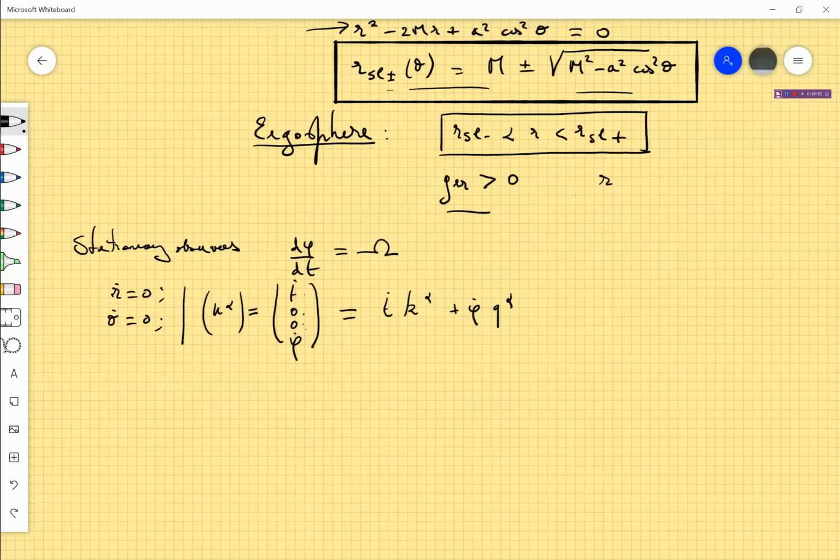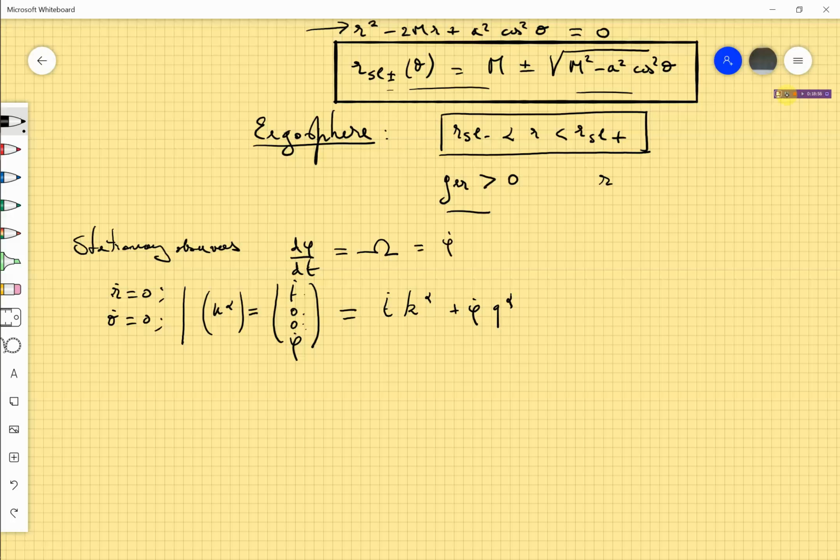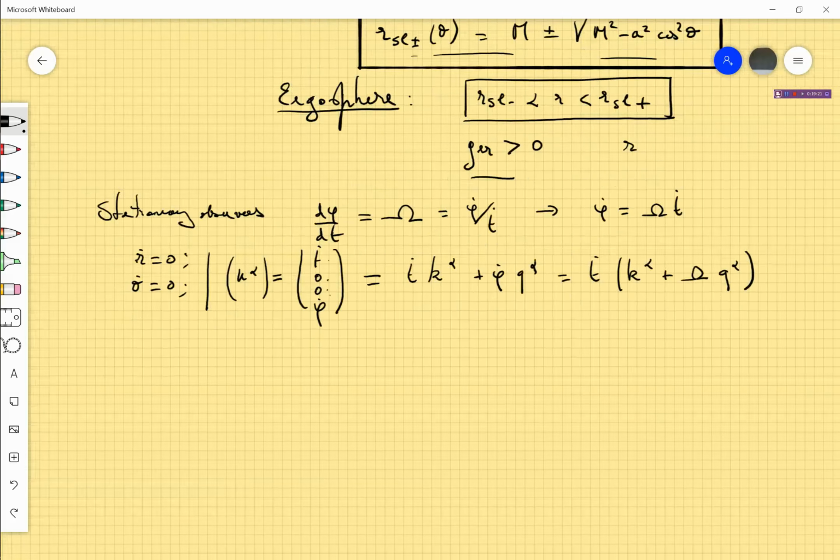Now remember that d phi dt can be written as phi dot over t dot, and this means that phi dot is equal to omega t dot. So if we substitute this here, we have t dot, a common factor, times k alpha plus omega q alpha.